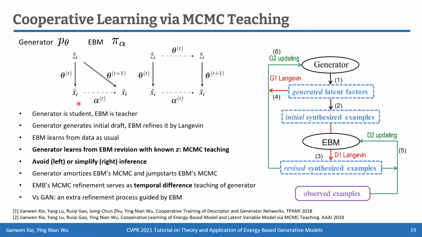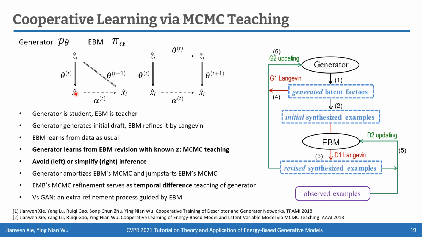Then we treat the generative model as an approximate sampler of the EBM. So we run a finite number of Langevin dynamics towards this EBM, pi alpha, under the current parameter. You can think of this xi tilde as a revision of this xi hat generated by the generator.